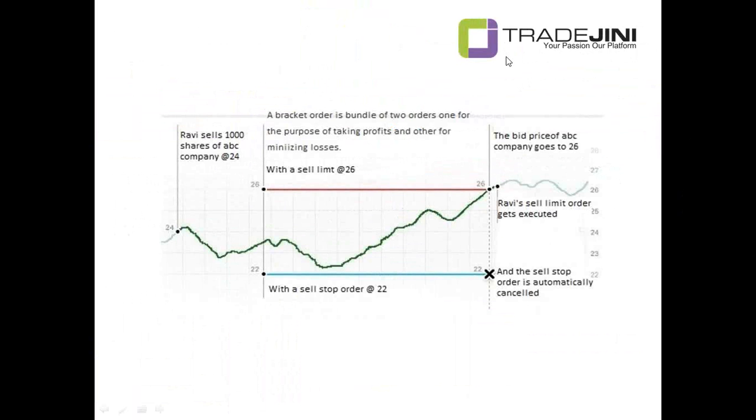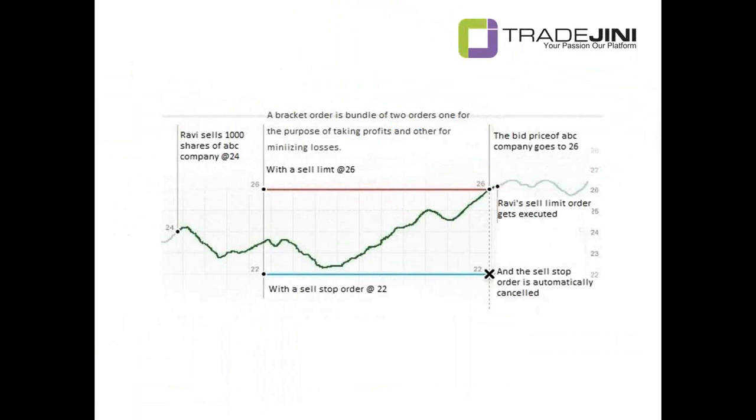Now from this example, you can have a fair idea about what we exactly mean by bracket order. Suppose Ravi wants to sell 1000 shares of ABC company at rupees 24. He enters a limit order at 24 and his order gets executed at 24. As we know, a bracket order is a bundle of two orders, one for the purpose of taking profits and the other with the objective of minimizing loss.